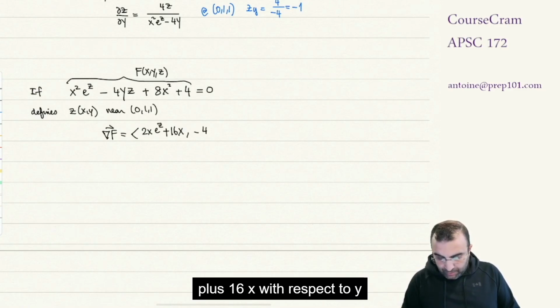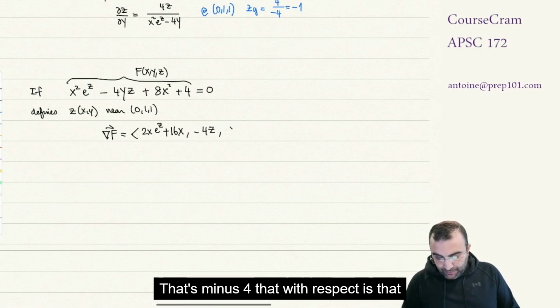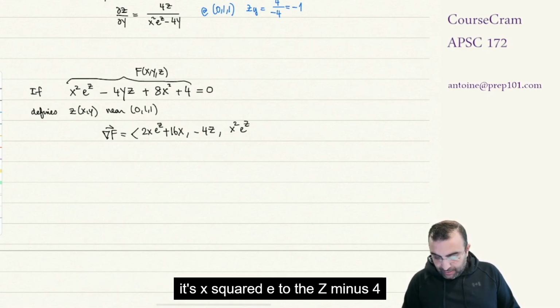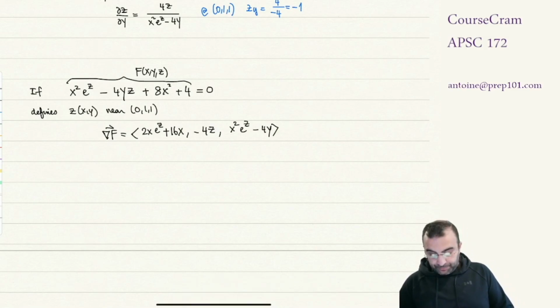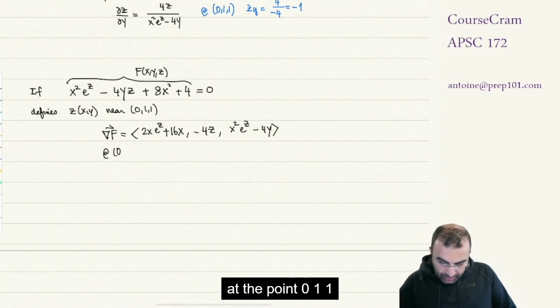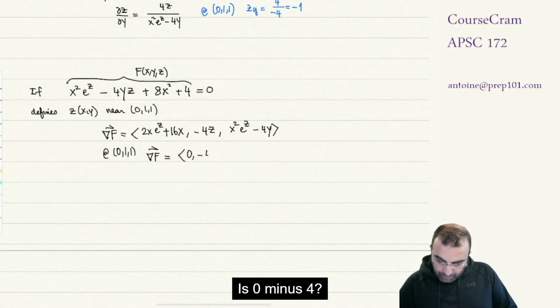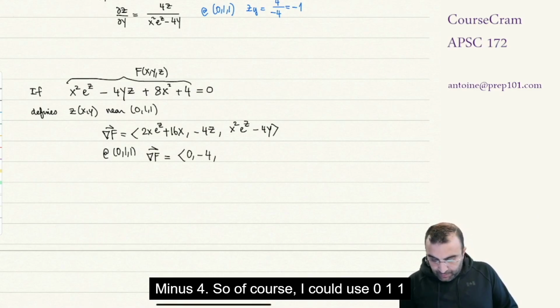With respect to y, that's minus 4z. With respect to z, it's x squared e to the z minus 4y. At the point (0, 1, 1), the gradient of f is (0, -4, -4).